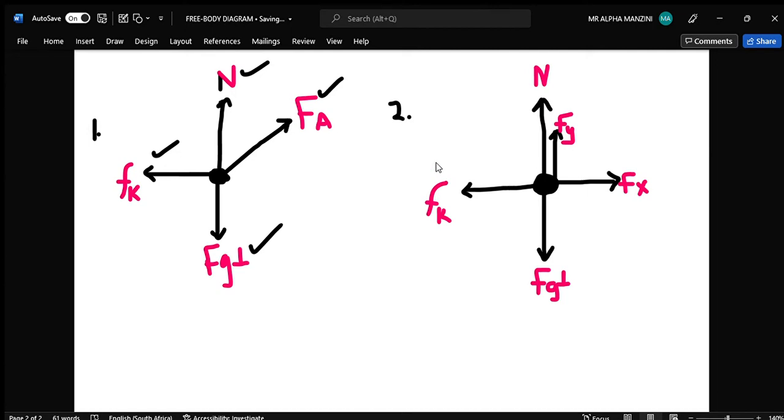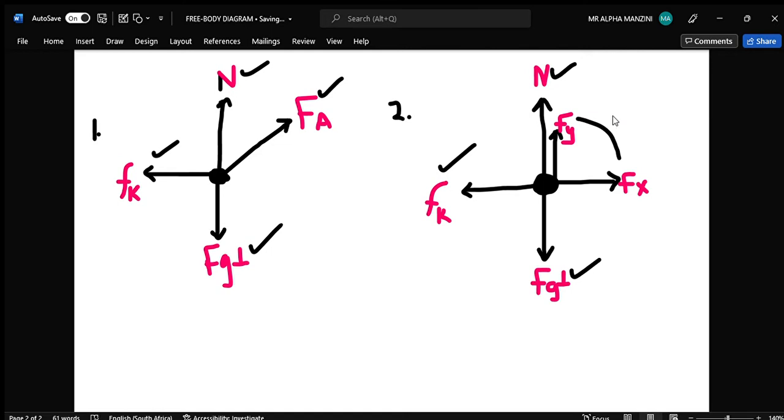This one I'm gonna give you 1 here, 1 here. So since this is 1 force, but it is represented in 2 dimensions, we call it a 2-dimensional force.